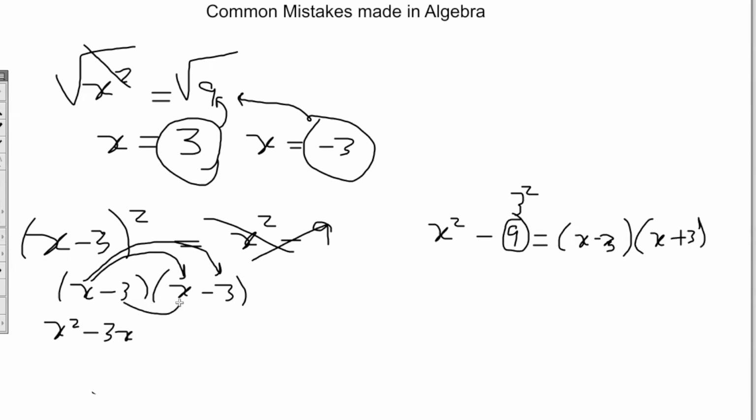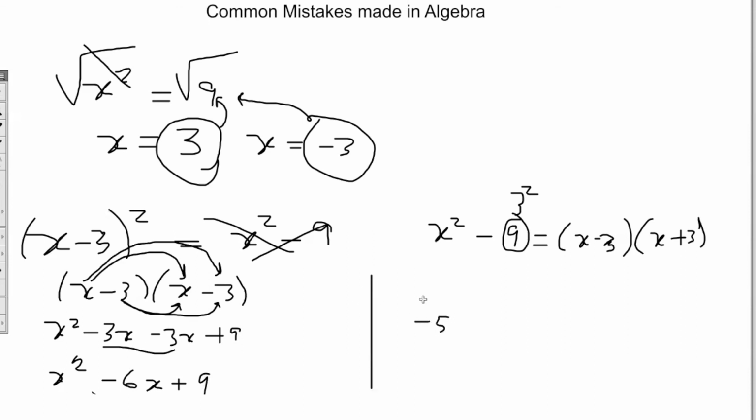Then minus 3 times x, that gives me negative 3x. And minus 3 times minus 3, that gives me positive 9. Now we have to add the middle because these are like terms. So I add the coefficients, minus 3 plus minus 3, that's minus 6. Then I have my x plus 9. And that's the answer.